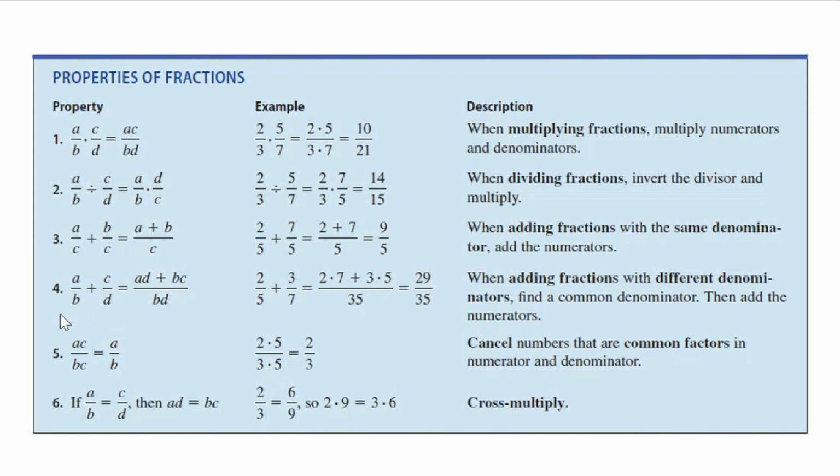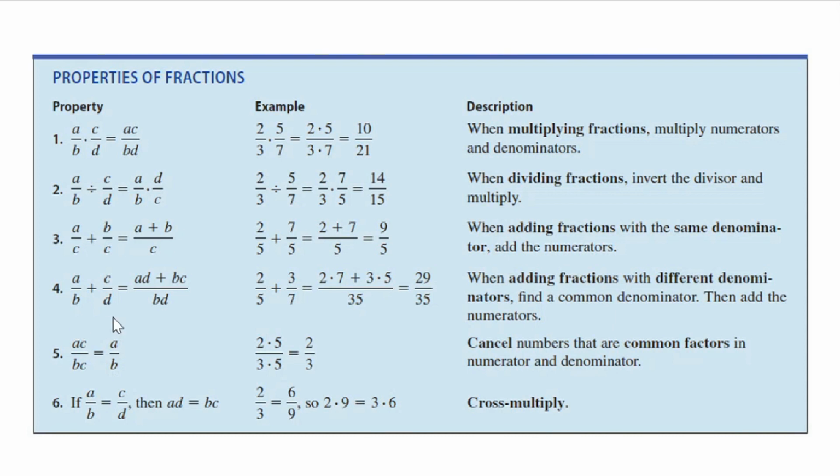And for number 4, we have adding fractions, but in this case, the denominators are now different. As you can see, the denominators are b and d. So in that case, class, we are going to find first the common denominator or the LCD if we are referring to numbers, not variables or letters.